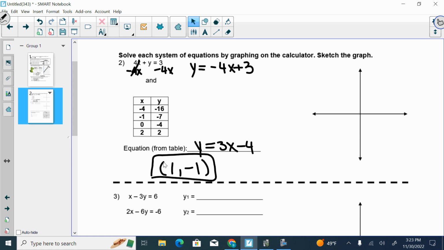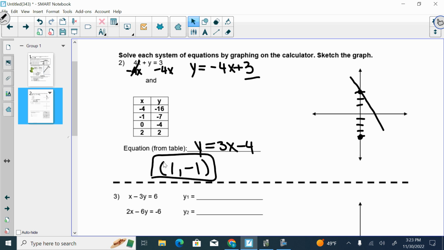Now they do want us to give a sketch over here. So we know that that first equation started at +3, right? So I'm going to put a point there, and it had a negative slope. So we know it's going to slant this direction. And then this one started at -4.